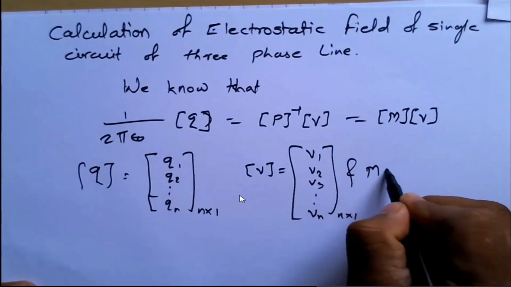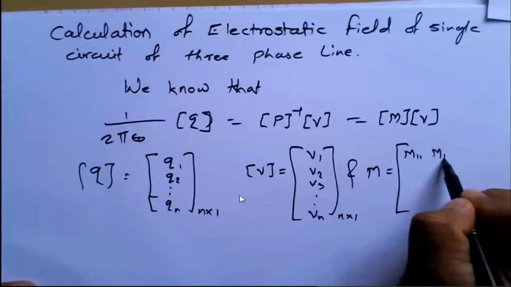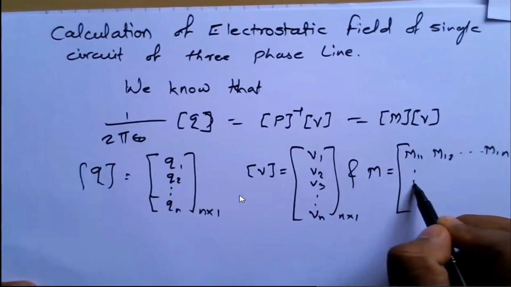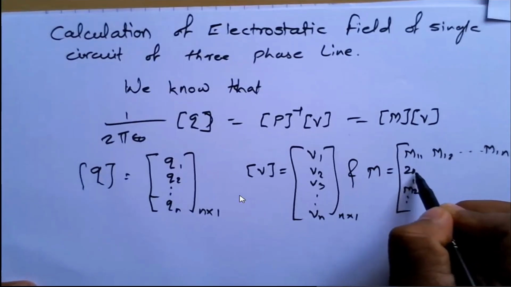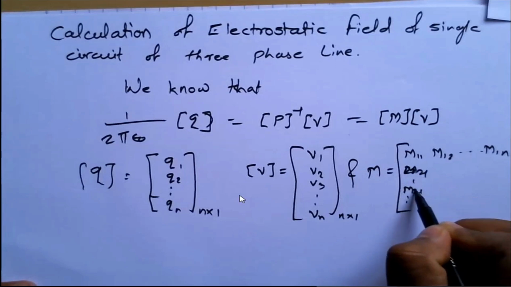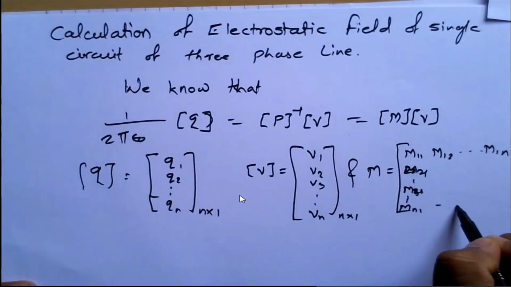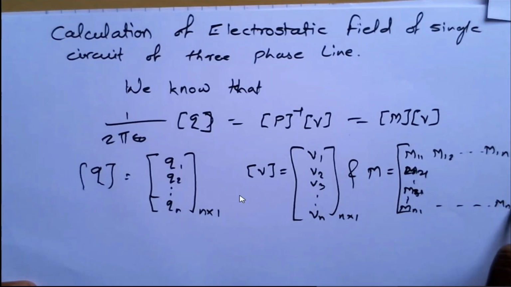And M is nothing but M11, M12 up to M1n. Likewise M21, M31 up to Mn1. Same way here it is Mnn.